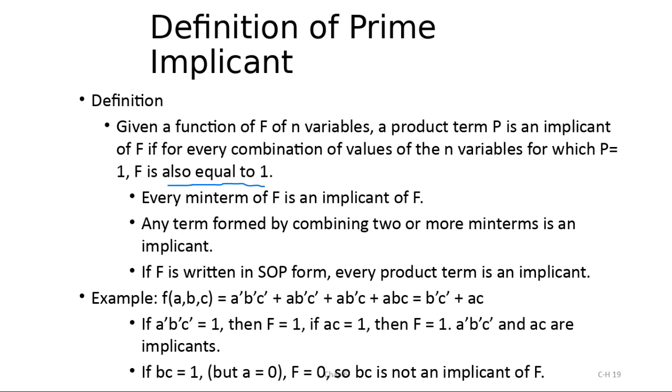Every minterm of f is an implicant of f. Any term formed by combining two or more minterms is an implicant. Okay. If f is written in sum of products form, every product term is an implicant.